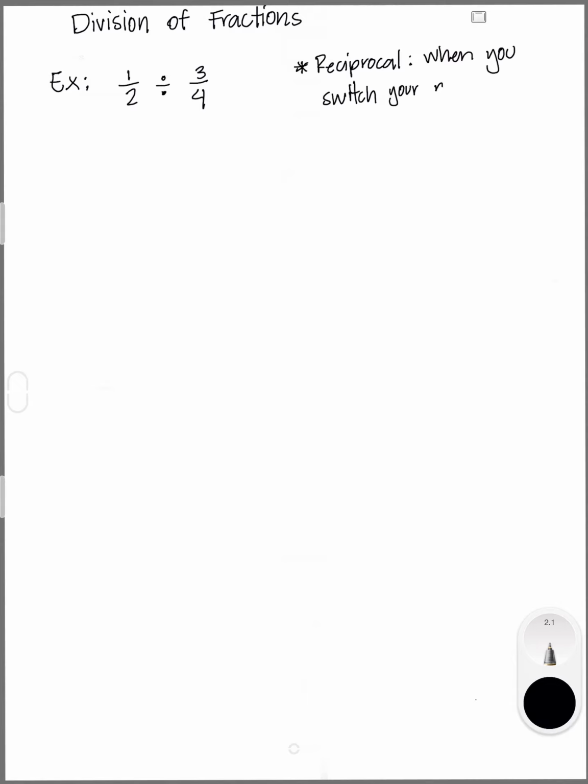Right, so let's say if we have 3/4, then the reciprocal is going to be 4/3. So they switch, or you can say they swap places. So that is the reciprocal, and that's what we're going to be using for the division of fractions.